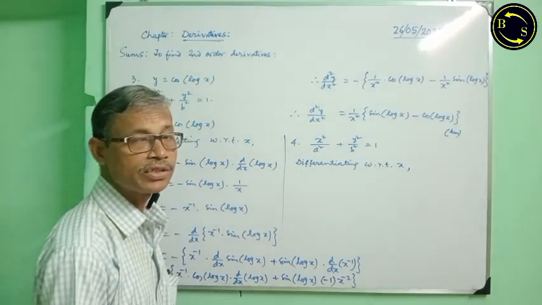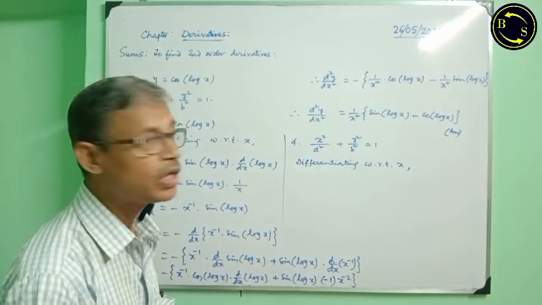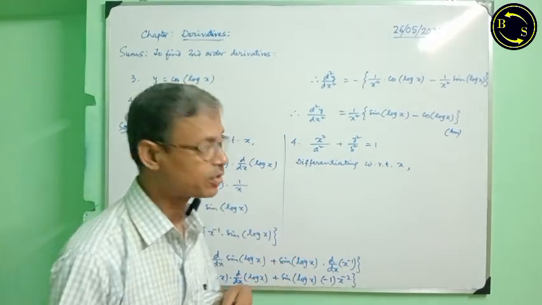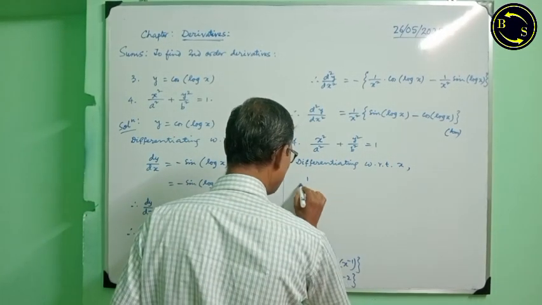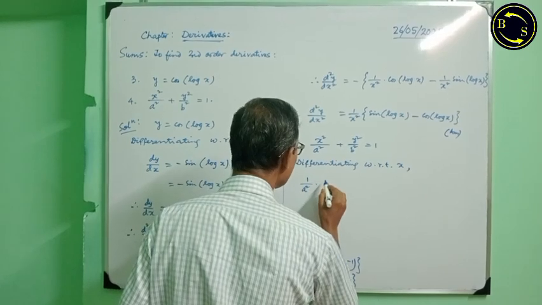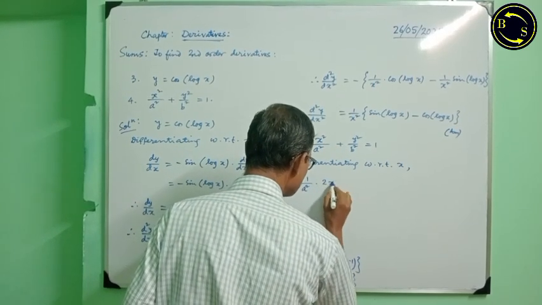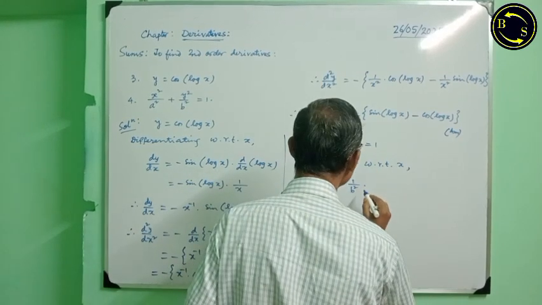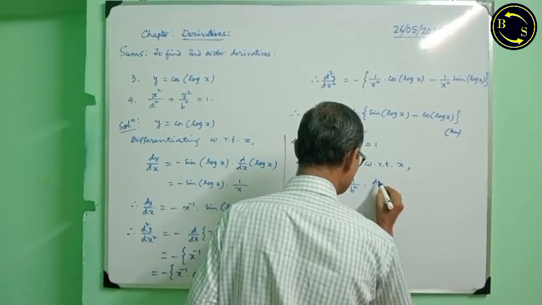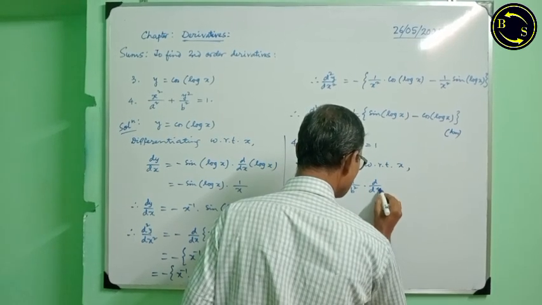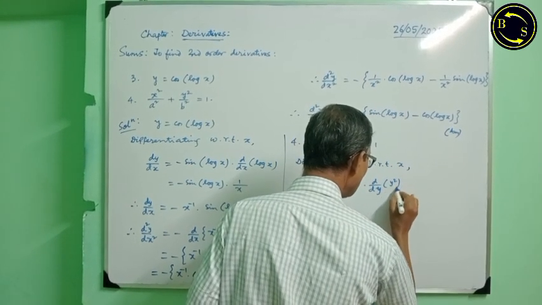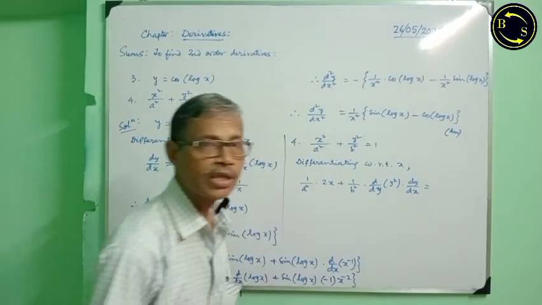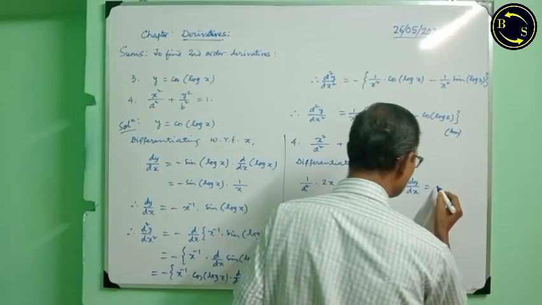Here a, b are constants. 1/a square constant into the derivative of x square, 2x, plus 1/b square constant, then the derivative of y square, where the chain rule is to be applied. On the right side, 1 is a constant, therefore the derivative will be 0.